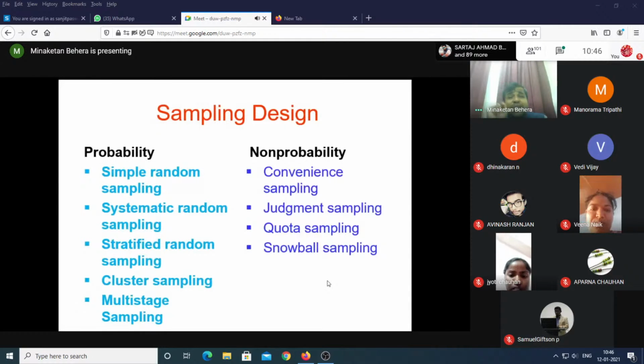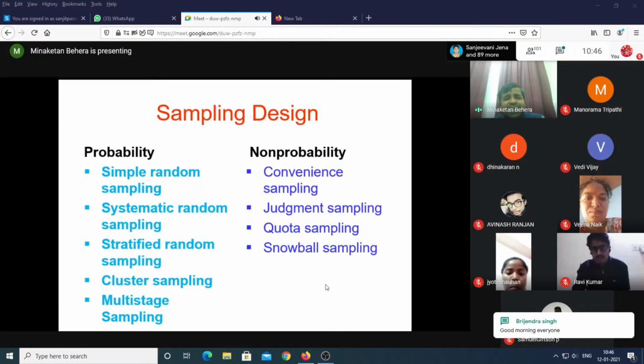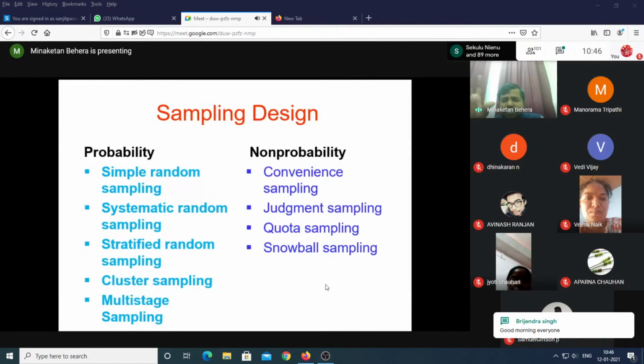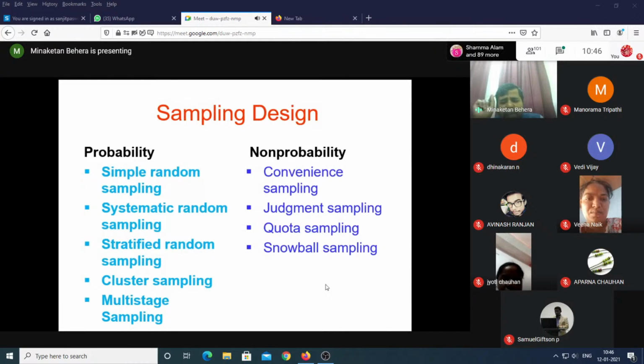Quota means you as a researcher define it: the total sample size is determined as 100. I tell the field investigator that we have to ask 100 people, and out of the 100 people, you have to ask 60 male, 30 female, and 10 children.